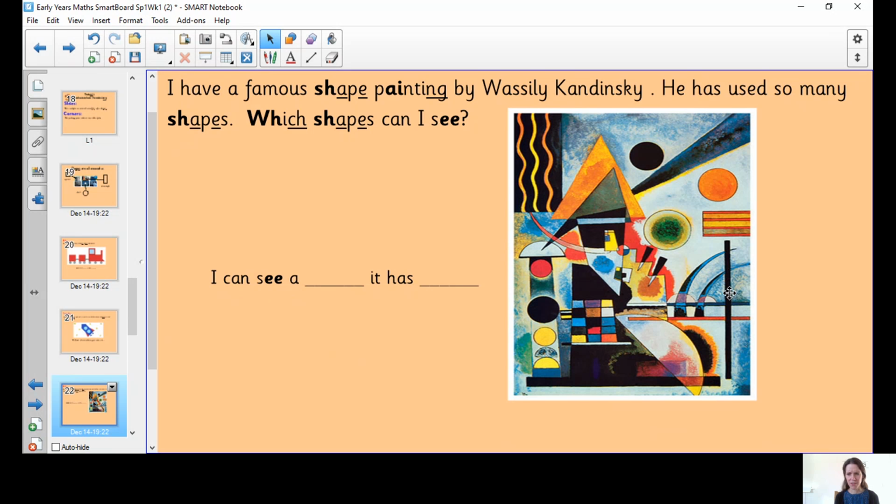I can also see some very thin rectangles, and I know that they've got 2 long sides and 2 very short sides, but they've also got 4 pointy corners, just like the other rectangles we talked about.